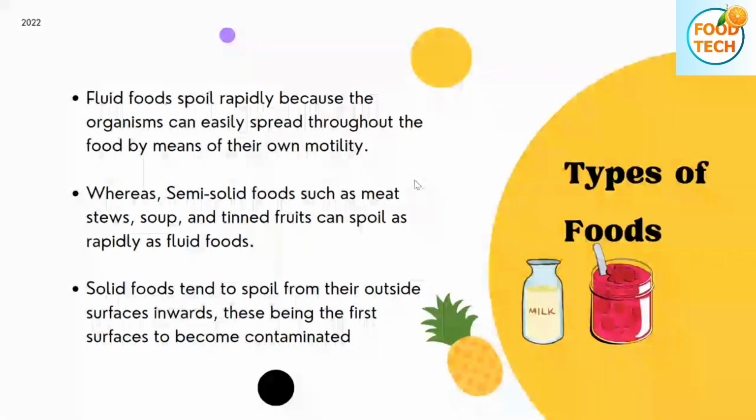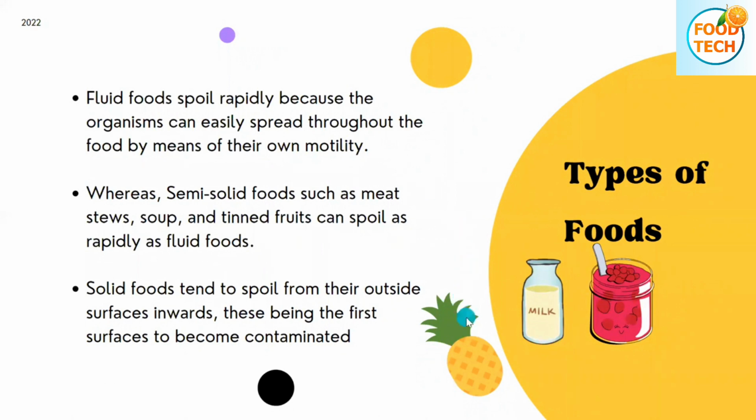Why? Because these organisms can easily spread throughout the food by means of their own mobility. Bacteria require a certain amount of water for their growth, and if the food is liquid, they can easily move throughout the food.